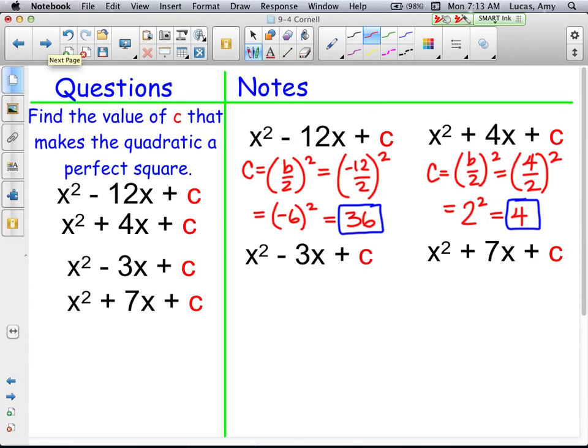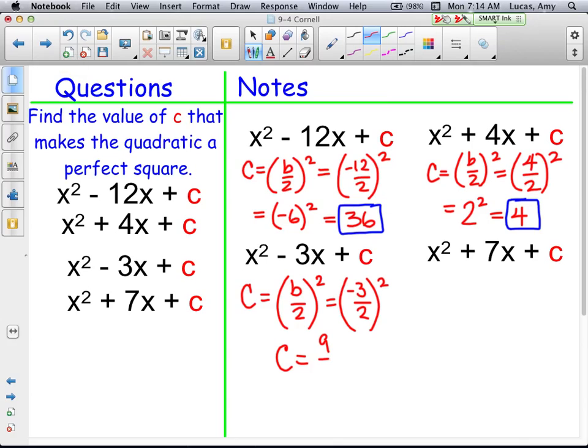We have 2 more, and these two have odd numbers. So I just want to make sure that you understand what happens when you have an odd number for b. If I plug in negative 3, I have negative 3 over 2, and I square it. What I actually want to do is leave it a fraction and just square each number. So it would be 9/4. Negative 3 squared is 9, and 2 squared is 4.